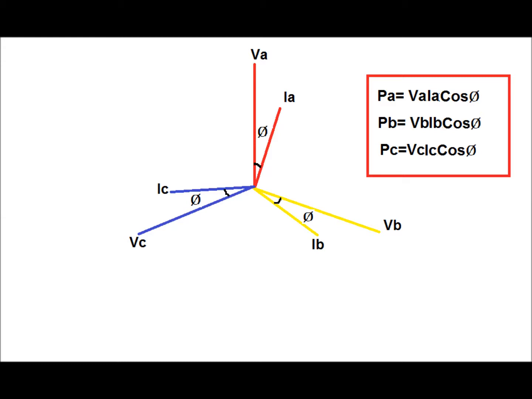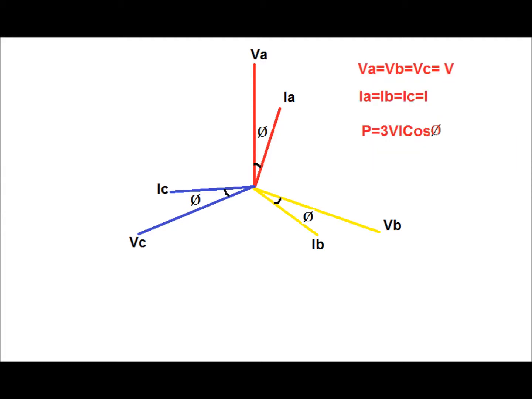Therefore, the power at the red phase is equal to VA into IA into the cosine of the angle between current and voltage phasor, that is cos phi. That is, PA is equal to VA into IA into cos phi. Similarly, PB, for the yellow phase, is equal to VB into IB into cos phi, and PC is equal to VC into IC into cos phi.